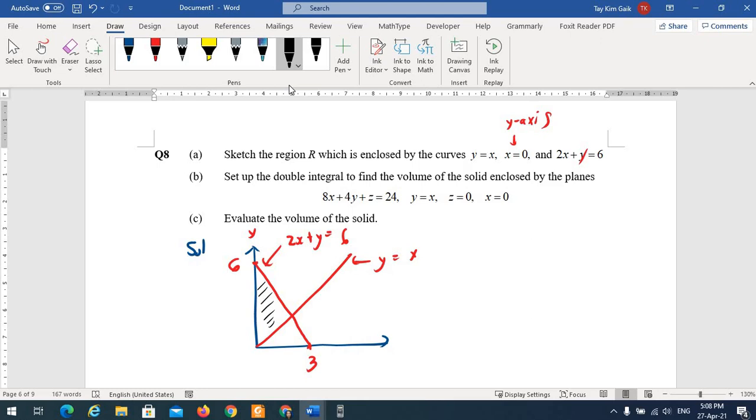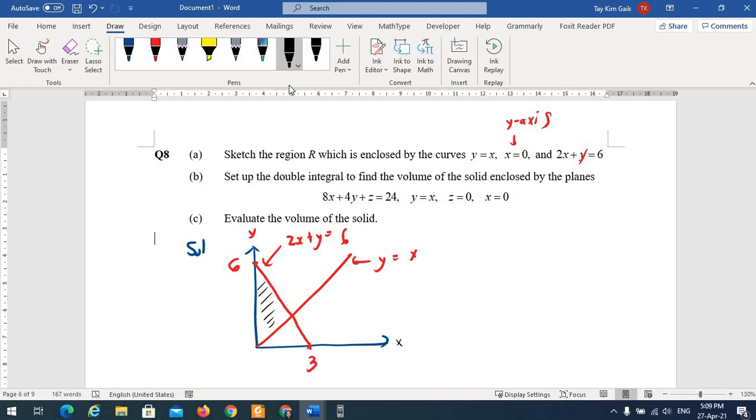If you choose here, it's wrong because this is actually the x-axis, y equals 0. We want x equals 0. So make sure you sketch the correct region. If you choose this region, then your limits will be wrong later on. Bounded by y equal x, 2x plus y equals 6, and x equals 0, the y-axis. So 3 curves. So this region.